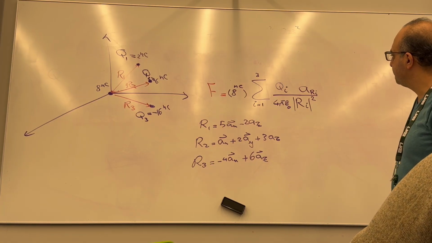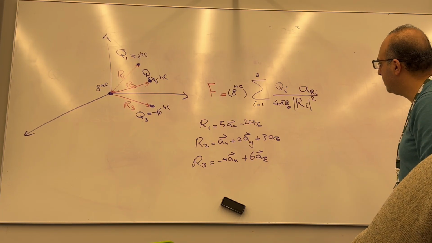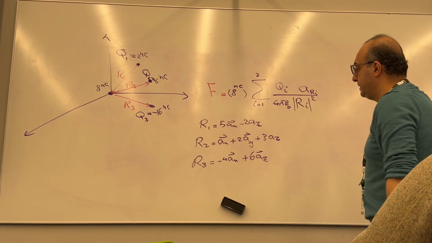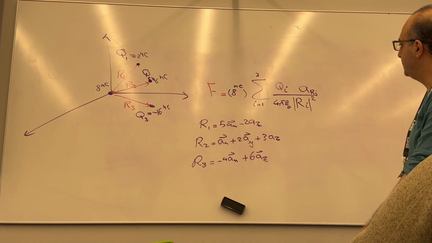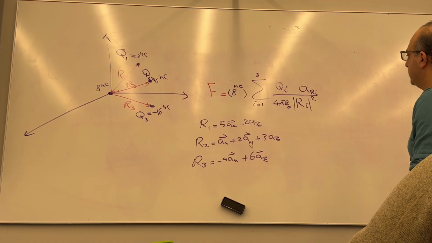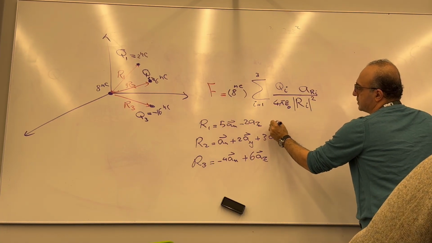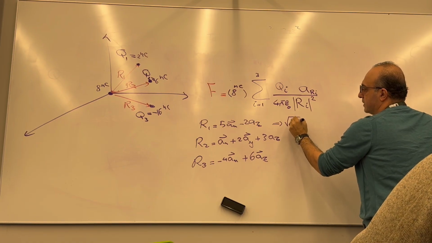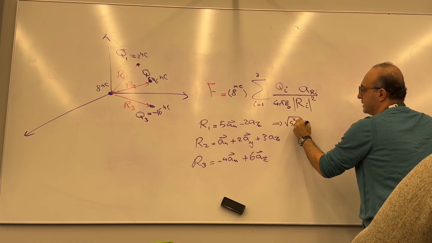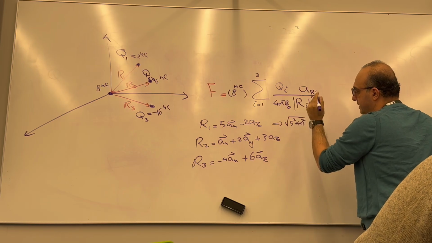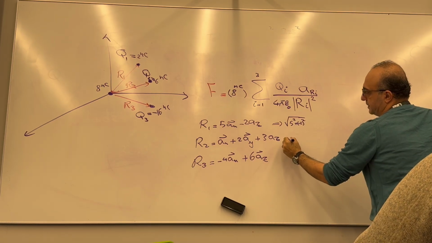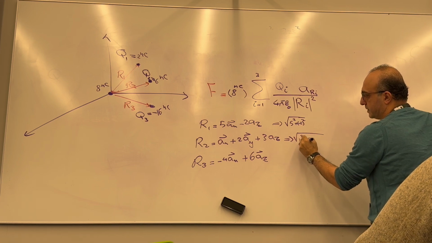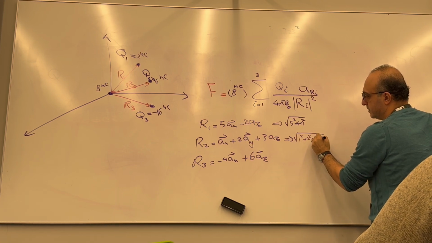So now, what should I do? Put it there. The magnitude of this also is easy. 5 to the power of 2 plus minus 2 to the power of 2, I don't need to put minus, just put it. The magnitude is going to be 1 to the power of 2 plus 2 to the power of 2 plus 2.